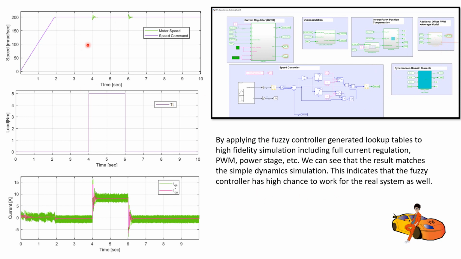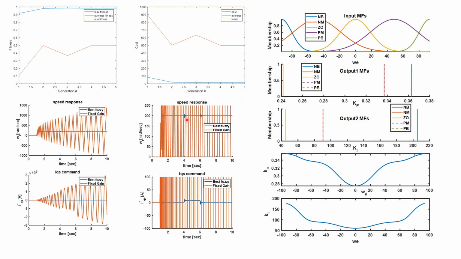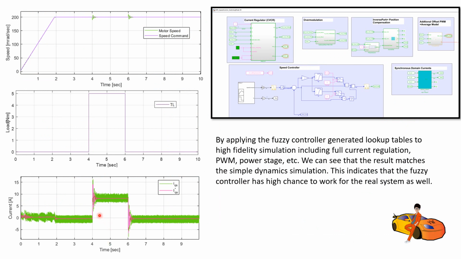In this case, the simulation results are quite similar to what I got from my previous analysis using simple dynamics, and there's more current ripple here, which is understandable because of PWM switching.